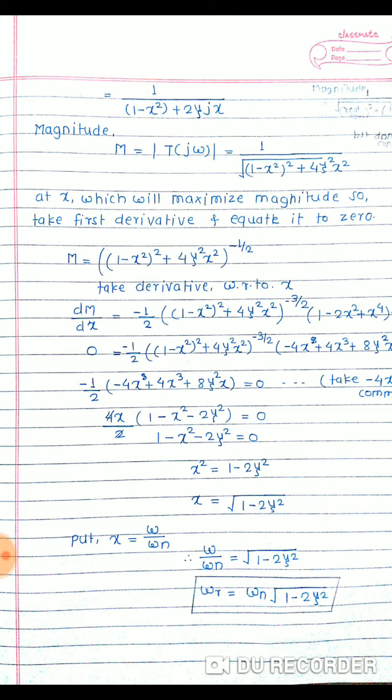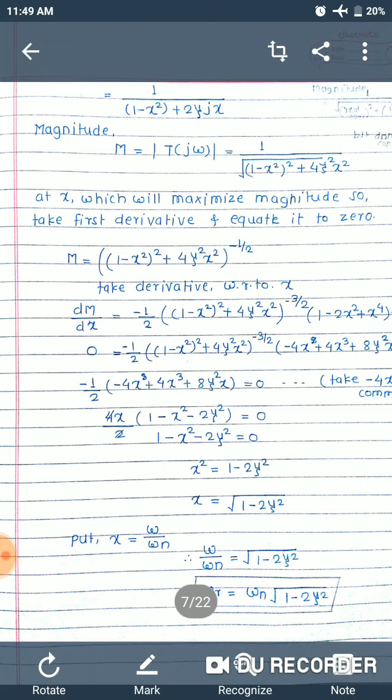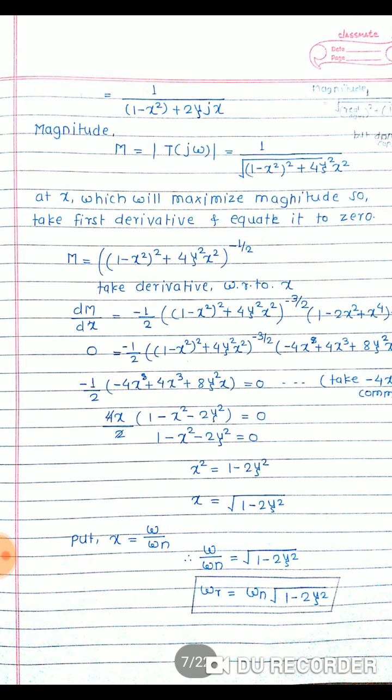Then here we'll use the product rule. dM upon dx is equal to minus 1 upon 2 into bracket 1 minus x square, square, plus 4 zeta square into x square, raised to minus 3 upon 2, into, as there is a product, we have to take the derivative of that particular term also.